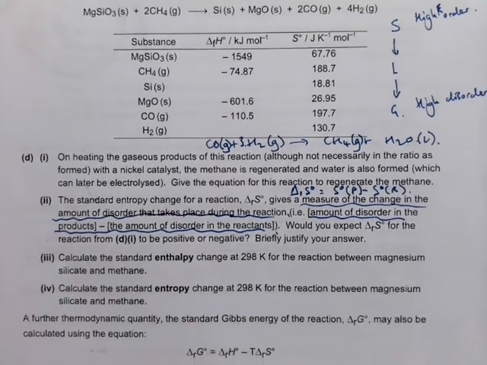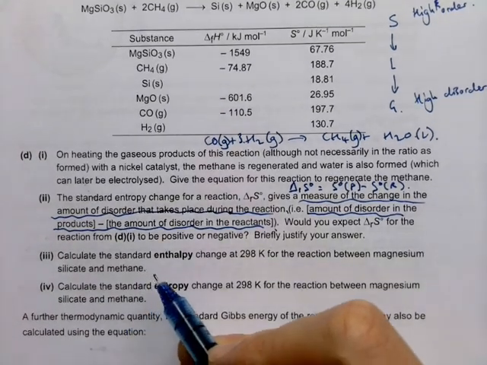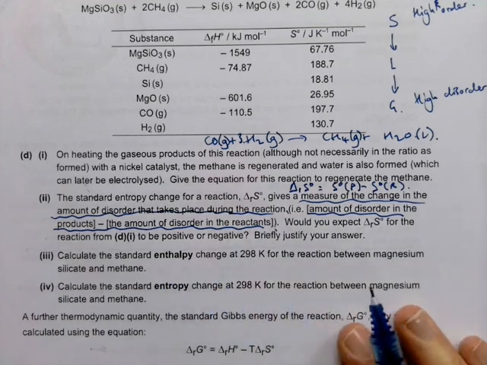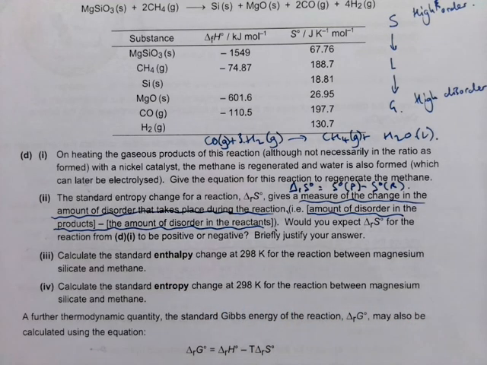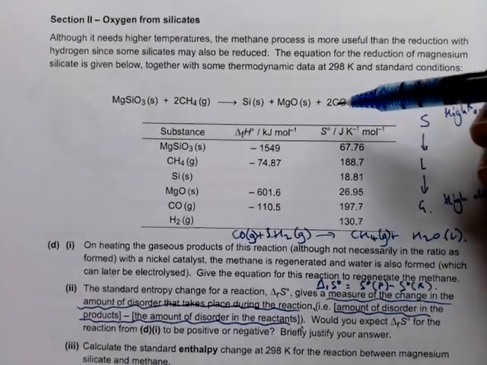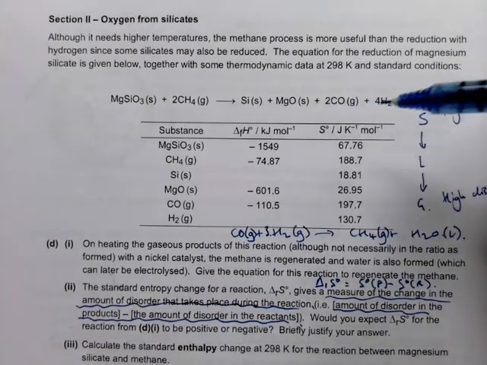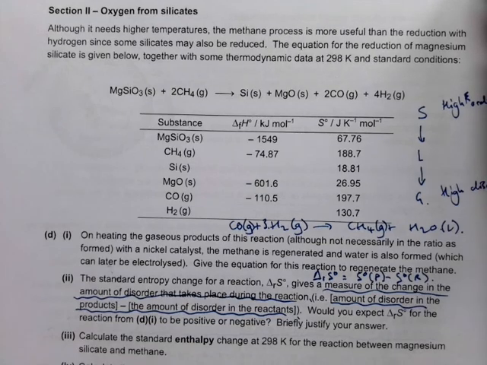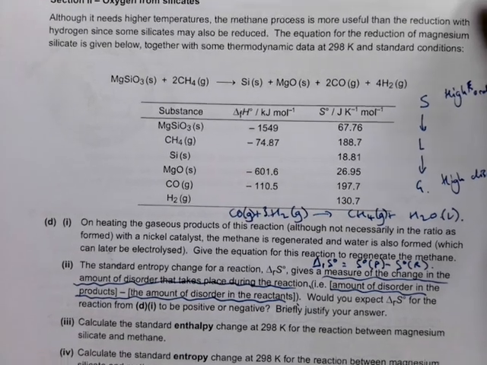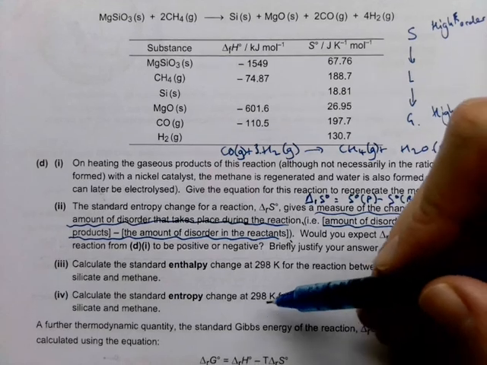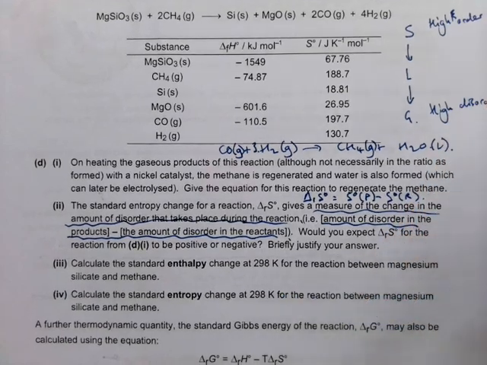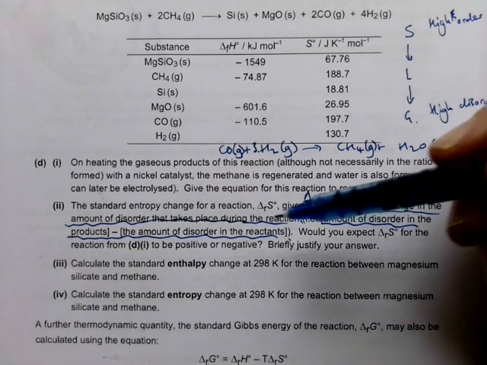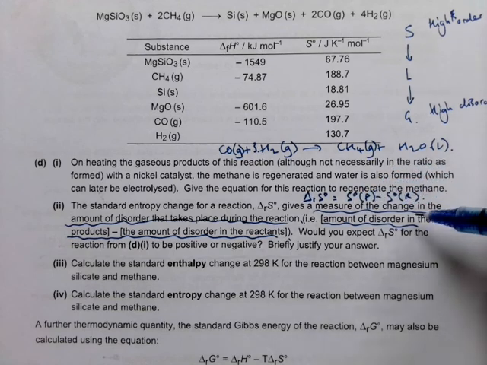Question number 3, calculate standard enthalpy change at 298 for the reaction between magnesium silicate and methane. So that's just working out the enthalpy change for this reaction, which you can do. That's a question that you know how to answer. Question 4, calculate the standard entropy change. So the standard entropy change is this equation here that we were told about.